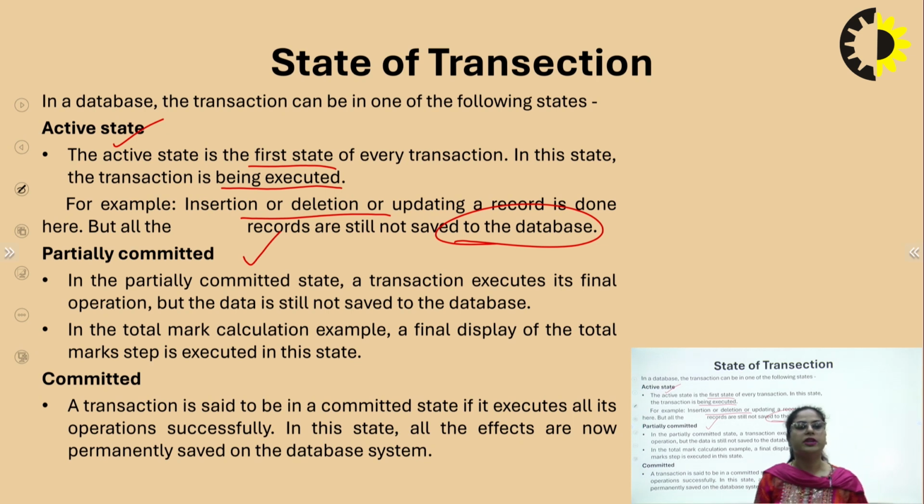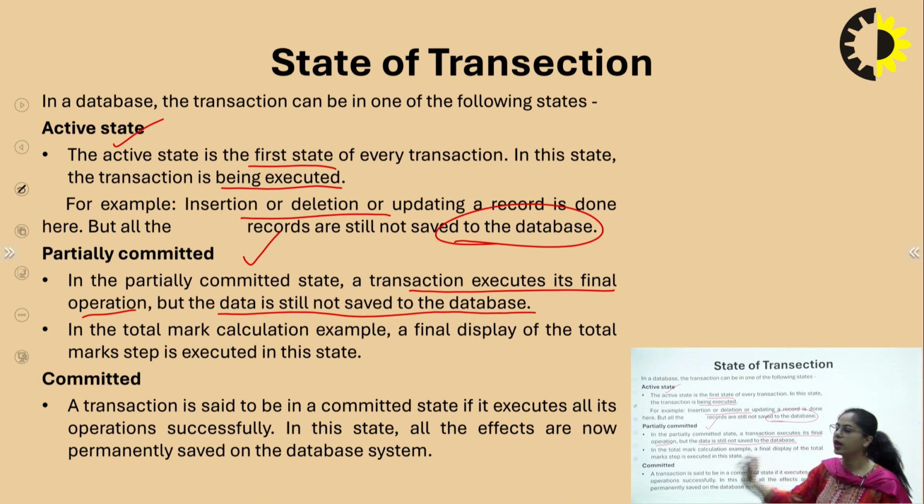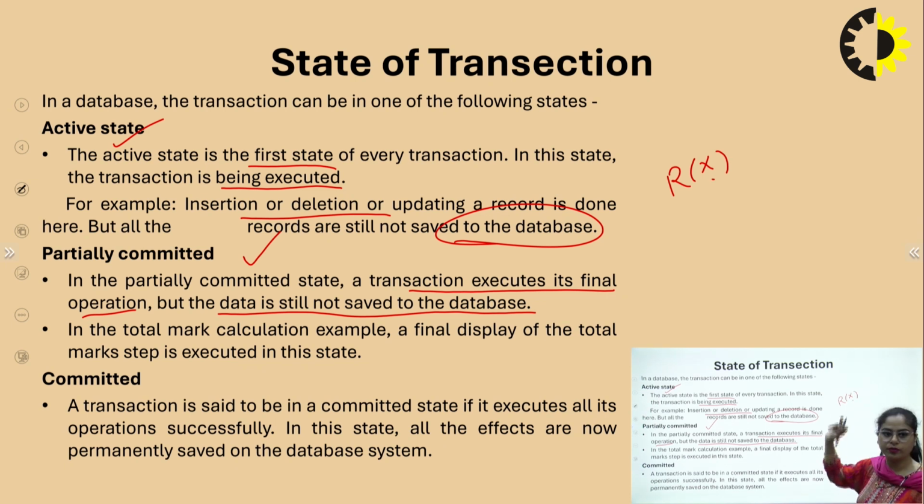Second is the partially committed state. In a partially committed state, the transaction executes its final operation, but the data is still not saved to the database. Like we can take an example. If we are performing some reading and writing operations, read of X means X is read from the database.